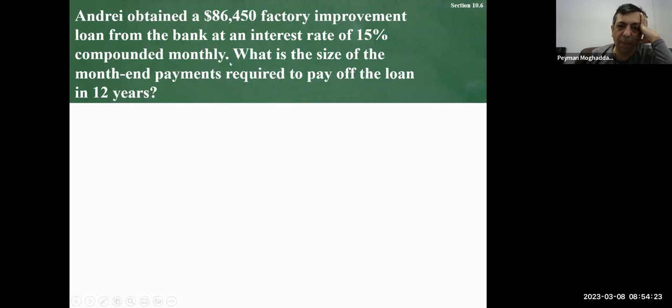Okay. Now, which kind of annuity is this? First of all, as I said, we need to find which kind of annuity it is. Since it's month's end, at the end of the month, it's going to be ordinary annuity, right? And since the interest rate is 15% compounded monthly, the interest rate compounding period is monthly, right?